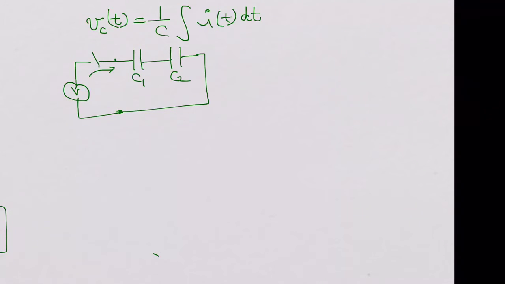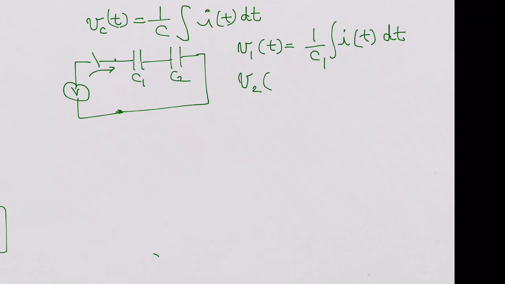And now V1 of t is equal to 1 over C1 integral I of t dt. V2 of t is 1 over C2 integral I of t dt.